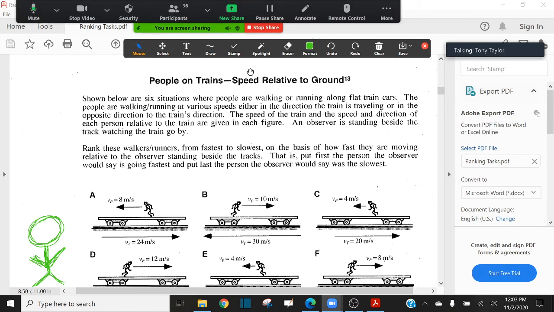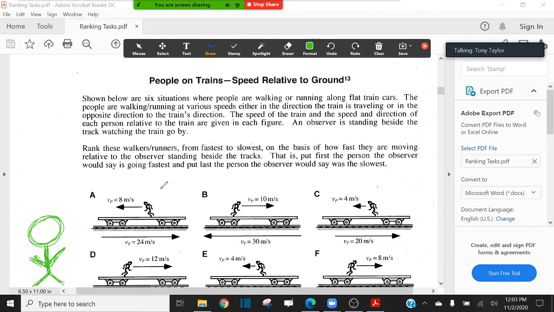Before we begin working this out, let me explain what these numbers mean. You see this velocity here, the velocity of the train at 24 meters per second. This number tells us how fast the train is moving from the perspective of this person in green, so relative to their frame of reference, that train is moving at 24 meters per second.